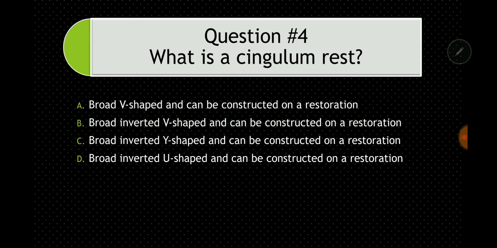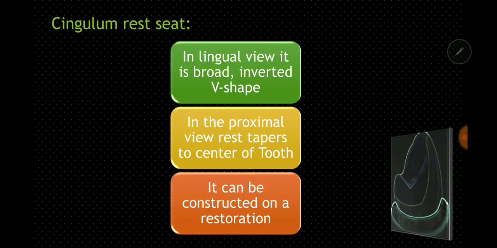B, a cingulum rest is a broad inverted V-shaped and can be constructed on a restoration. Our answer here is B. A cingulum rest is a broad inverted V-shaped and can be constructed on a restoration. So you have to know that.